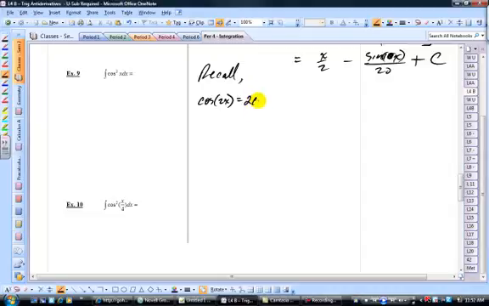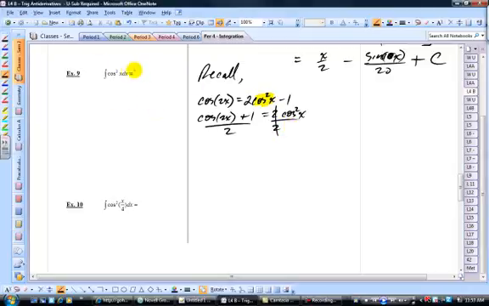Okay, so 2 cosine squared x minus 1, and you have to isolate your cosine squared function. So you just have to add 1 first. This one's actually easier. And then you get that is equal to 2 cosine squared x. And divide both sides by 2, and you're done. Right there. And so that one's a little bit quicker, a little bit easier because you don't have to deal with a negative sign or a difference.